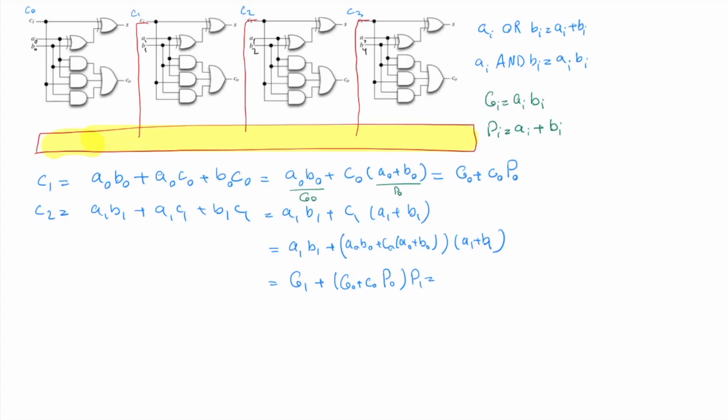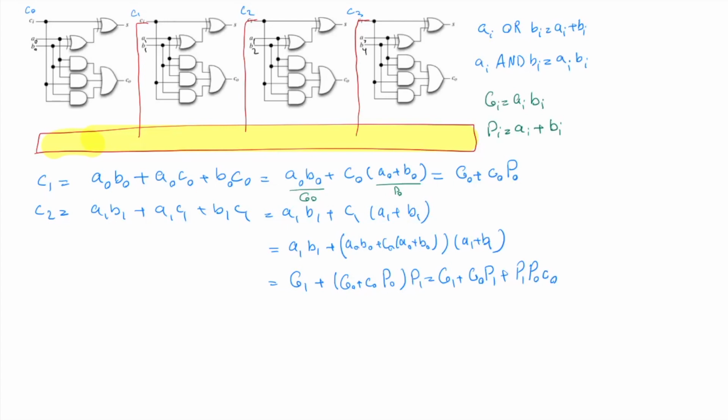And if I take this AND inside, I'm going to be left with G1 plus P1 G0, so I'm going to write it as G0 P1 plus P1 P0 C0.